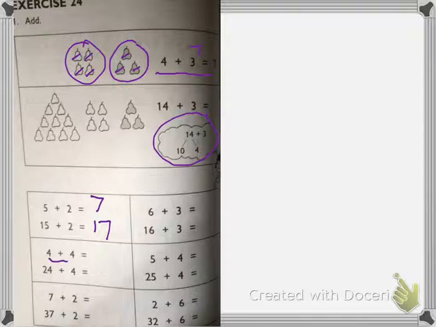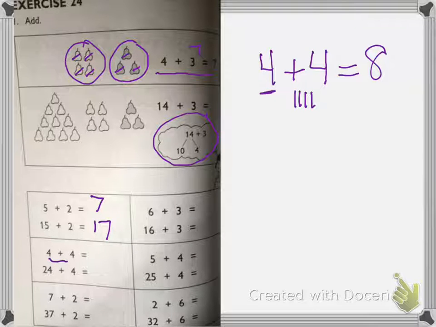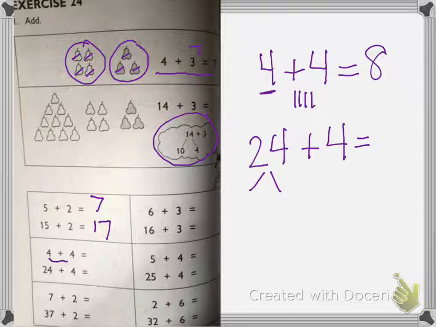All right, 4 plus 4. 4 plus 4 equals, start with our 4, 5, 6, 7, 8. 4 plus 4 is 8. And then we have 24 plus 4 equals. Well, we'll pull out our 10s. We have 2 10s. 2 10s makes 10, 20. 20. And our 4 1s plus 4.